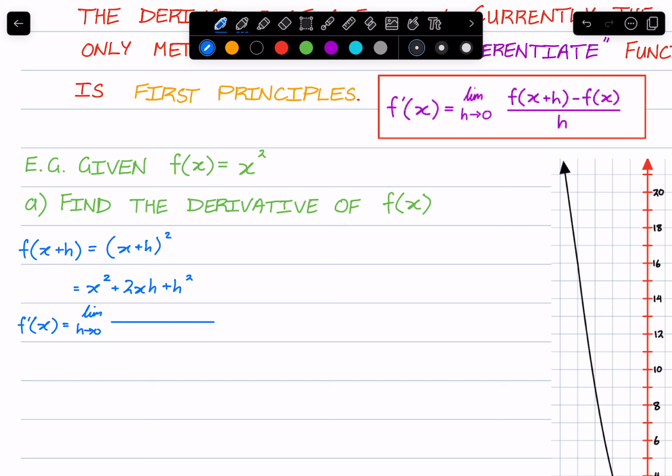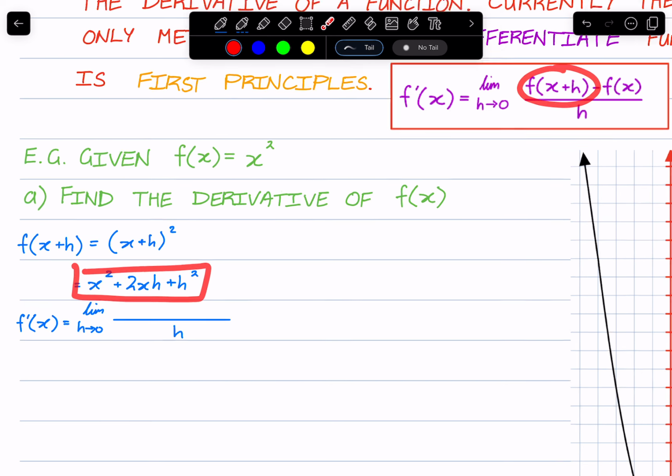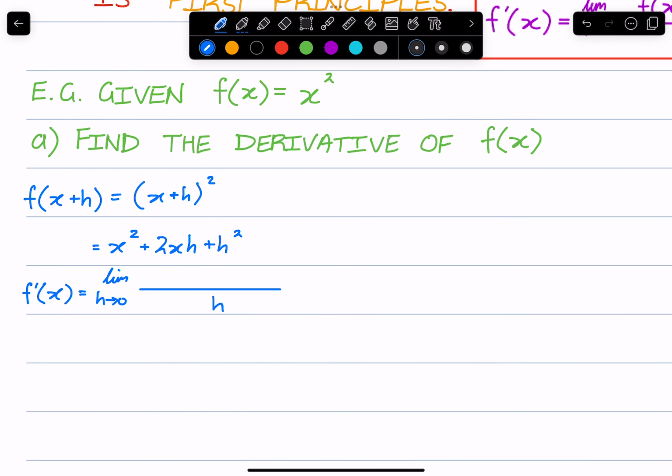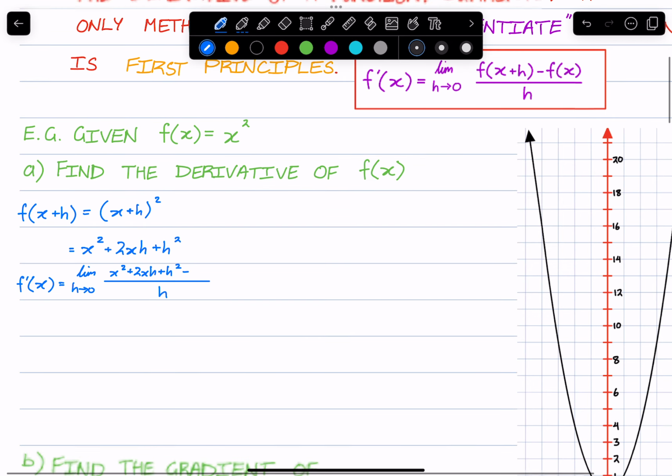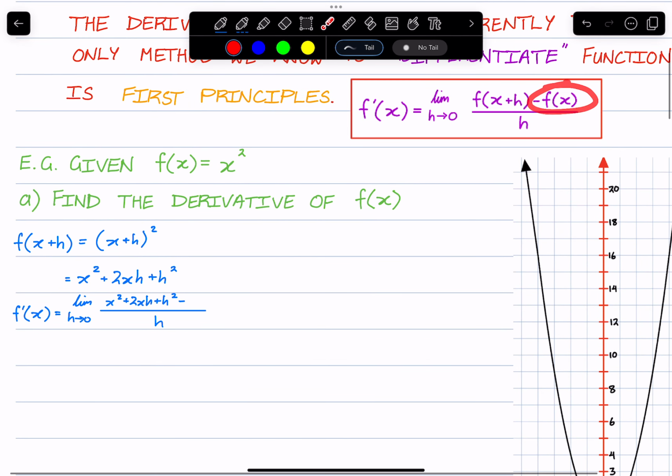We'll put the fraction first, all over h. f of x plus h, we found the expression of, is right here, so we're just going to copy that in: x squared plus 2xh plus h squared, minus f of x.